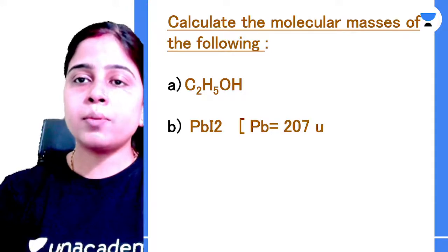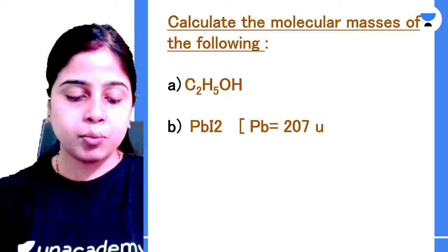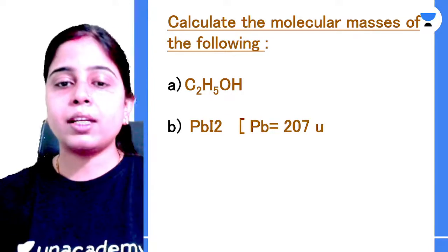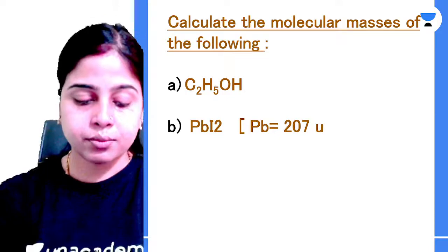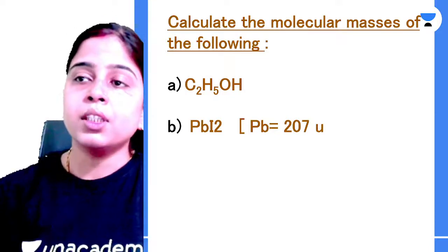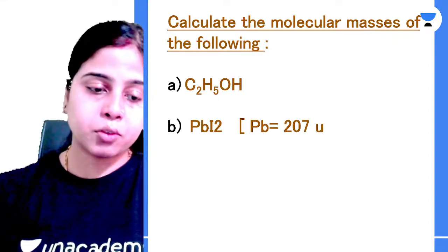Then we have to calculate the molecular masses of the following. Let's do it fast, and after that we will move on to the empirical formula of a compound. We have to calculate the molecular mass of C2H5OH.